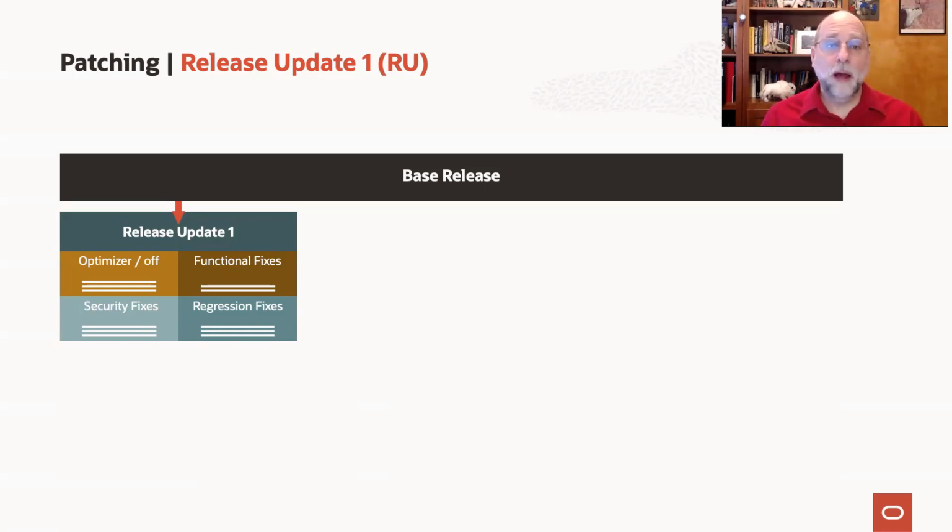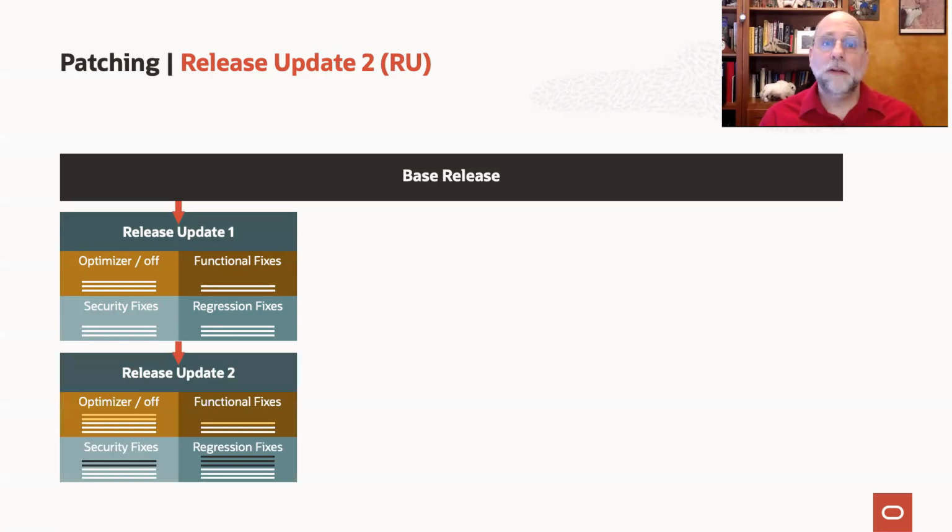Many cases, when we have one-off fixes on top of bundles, we will roll them into later bundles, because each release update is cumulative, and each update will have everything that was in the previous update plus new content in one or maybe all of those areas. And as I sit here today, the latest release update is 19.10, which included over 1,000 database fixes on top of 19.9. So it's a very comprehensive release update.